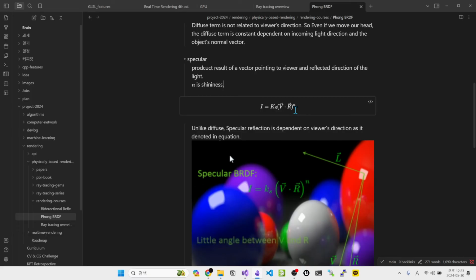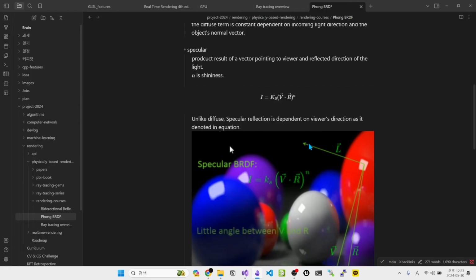So when n is more than one, the result of V dot R will be so bright in terms of brightness.